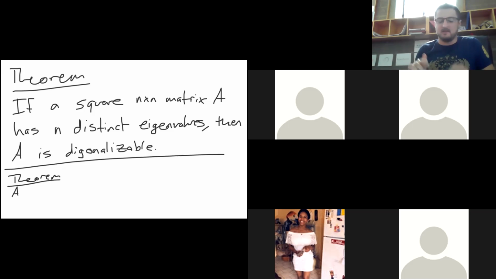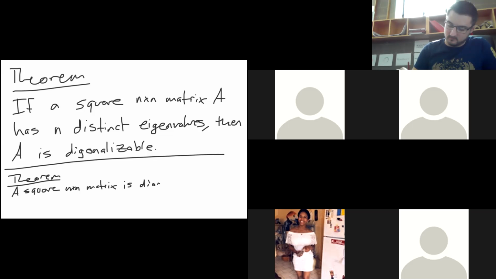So a square n by n matrix is diagonalizable if and only if your matrix A has n distinct eigenvectors.